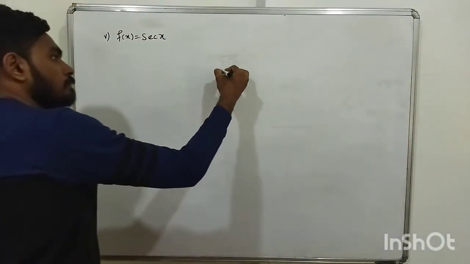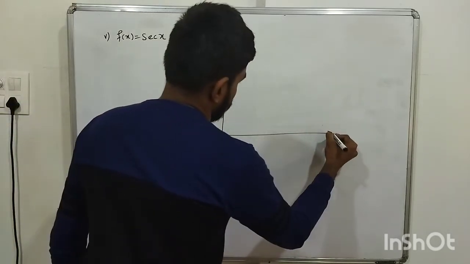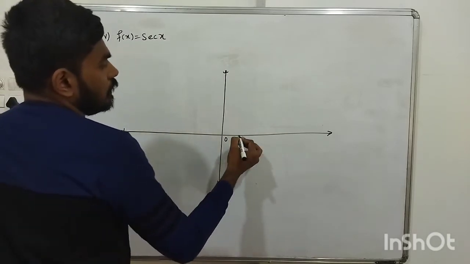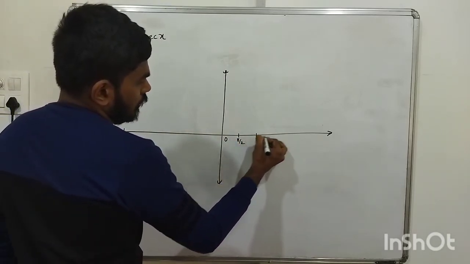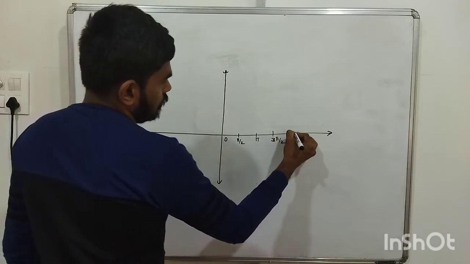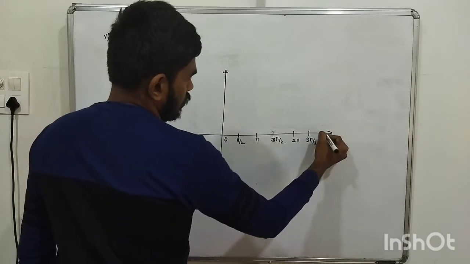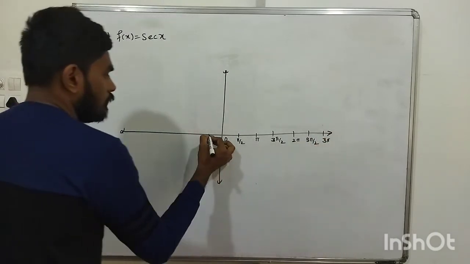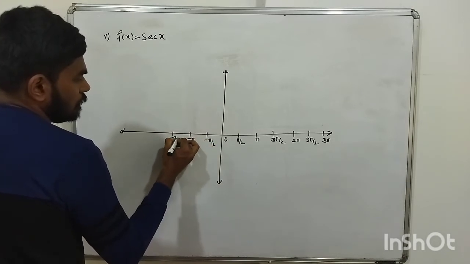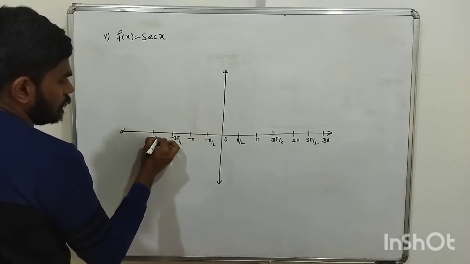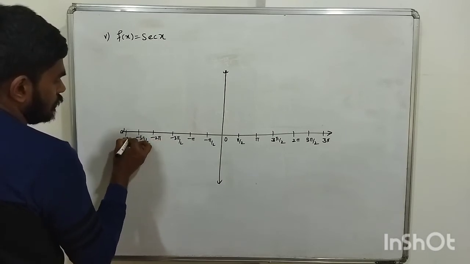Mark 0, pi by 2, pi, 3 pi by 2, 2 pi, 5 pi by 2, 3 pi and so on, and on the negative side minus pi by 2, minus pi, minus 3 pi by 2, minus 2 pi, minus 5 pi by 2, minus 3 pi, and so on.